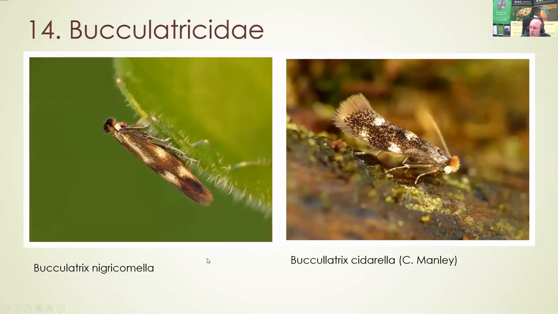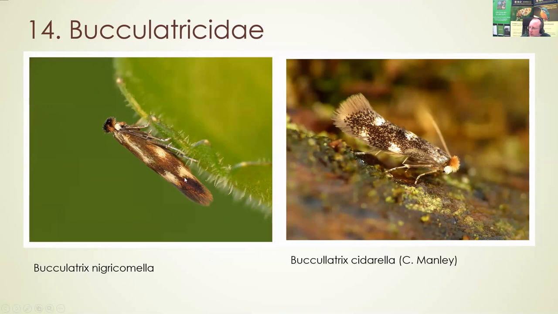So the final family that I'm going to look at is Bucculatricidae. Again, they have these big sort of eye caps. So similar in some ways to the Nepticulids, but they're much bigger, much longer. They have these really funky hairdos. They sit more sort of tent-like, and you'll notice that the costal cilia isn't always in the same direction.